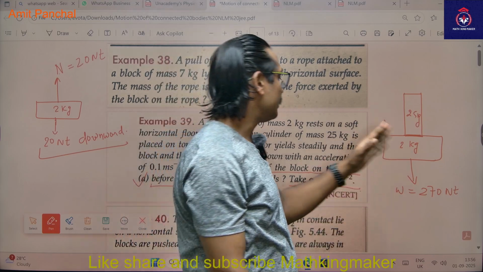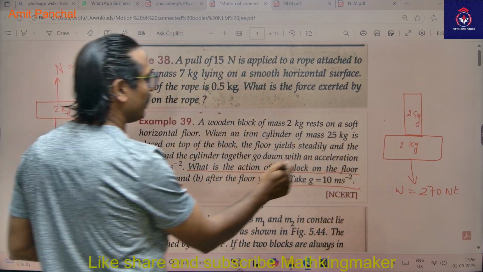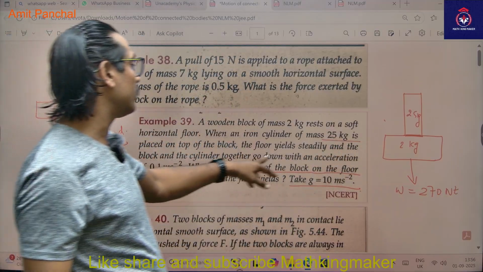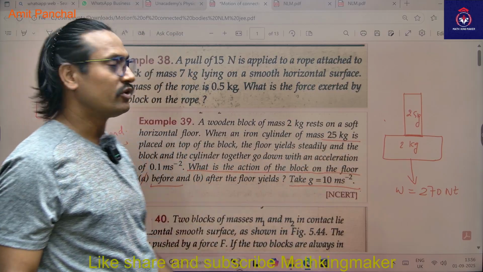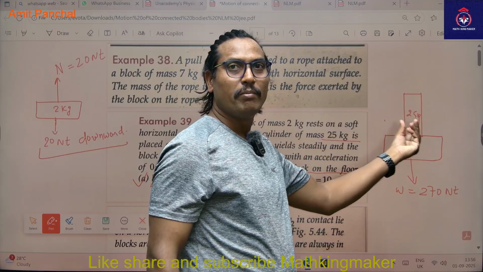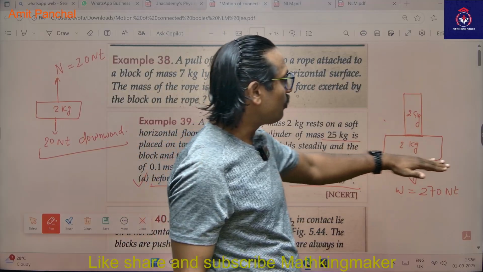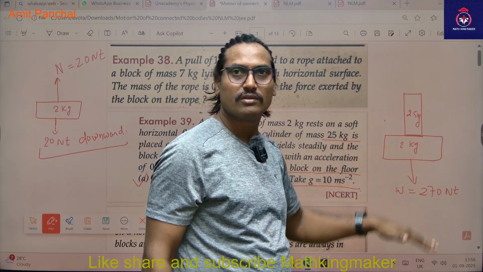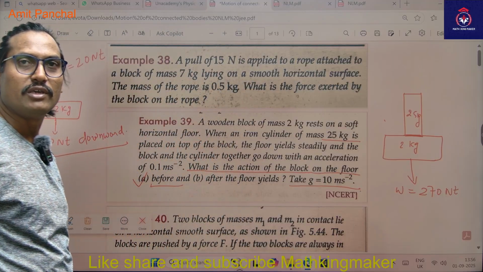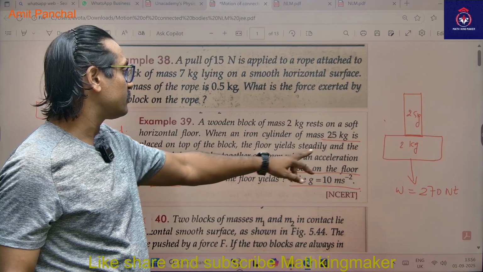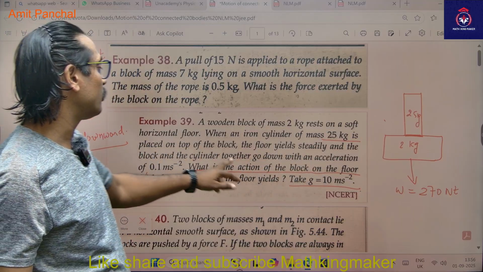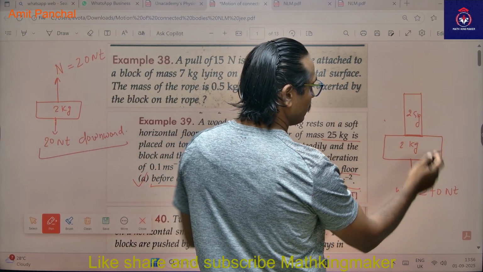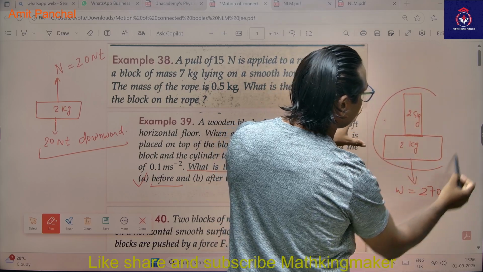But in this question, it is saying that as you put 25 kg on top of the block, the floor yields steadily. Okay, they are balancing each other, but the floor is not stable here. It's balanced in such a way that the cylinder is not breaking through the wooden block. So the floor yields steadily and the block and the cylinder together go down with the acceleration. Your floor, this is considered as an entire system.